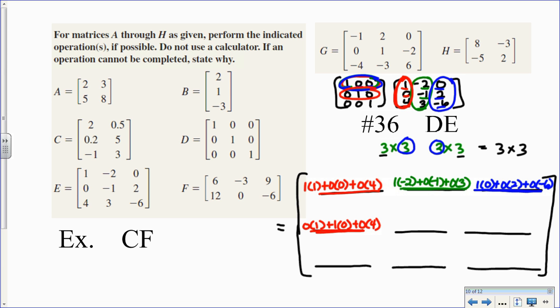Okay. Now I'm second row, second column. Second row, second column. 0 times negative 2 plus 1 times negative 1 plus 0 times 3.